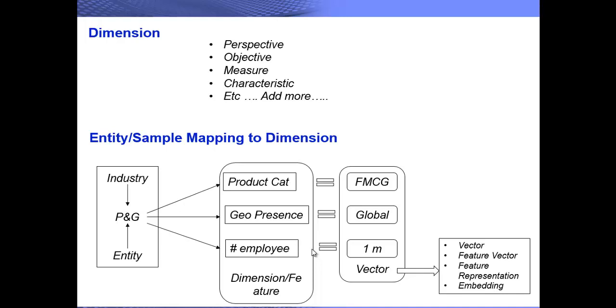So what is a dimension? It could be a perspective. Let's say one building I can see from one direction, and a second time I can see from another direction, and that's how different perspectives, different observations or different measurements are taken.